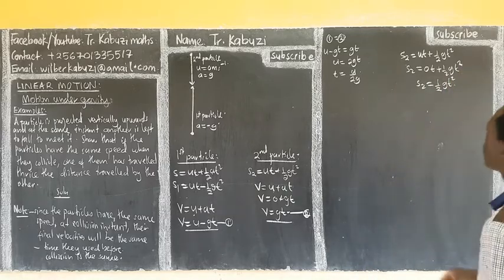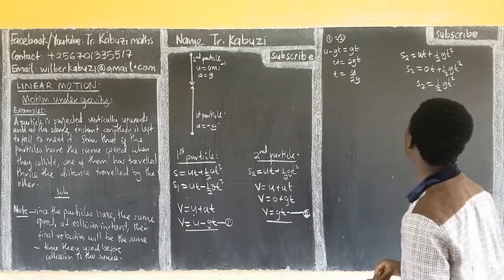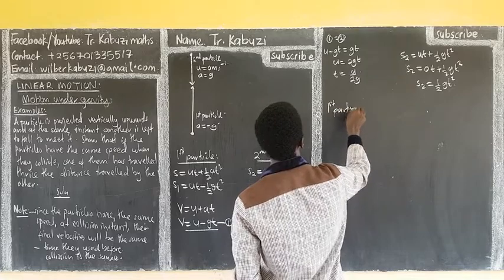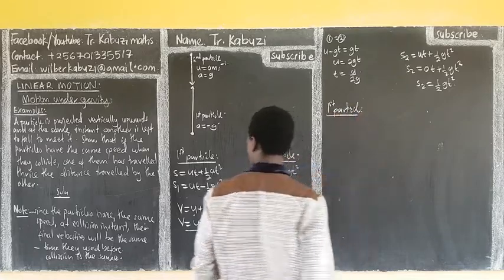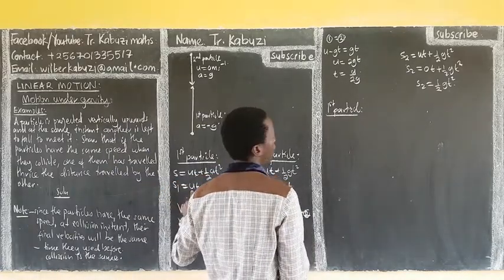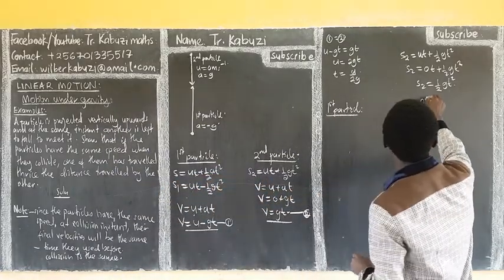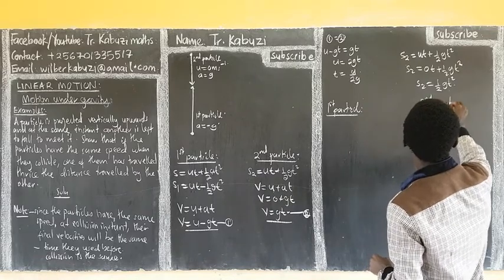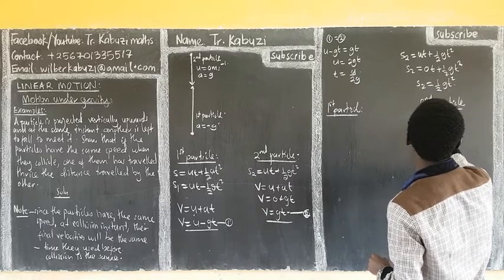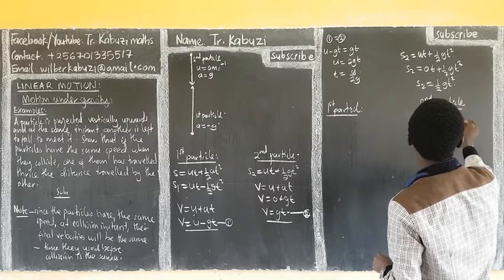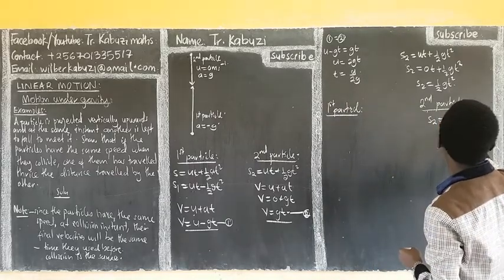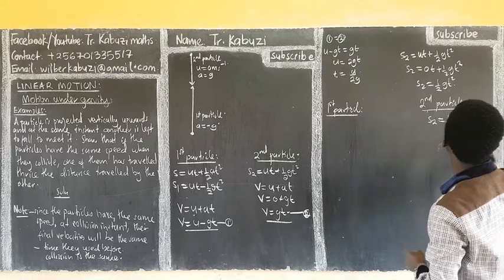Now, we have here our t for the second particle. So our S2 here is going to be a half g into our t, which is u over 2g, the whole squared.